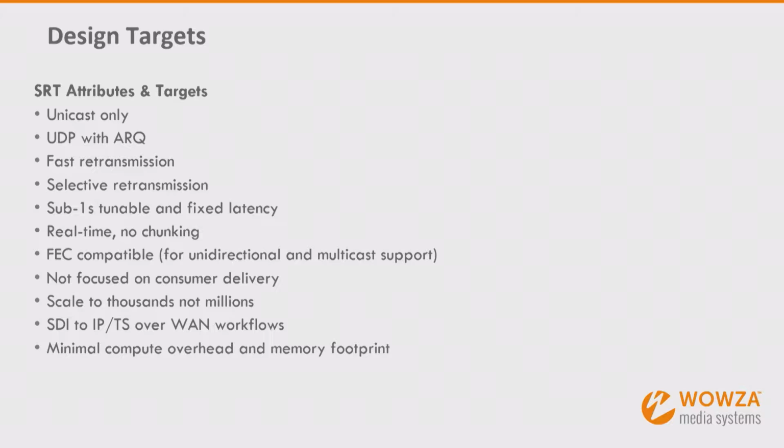Now, I'll talk about this a little bit later. It's potential to send whatever you want down the pipe, so keep that in mind. While not currently, FEC compatibility was a design goal, and this was mostly focused to be a point-to-point and a contribution format. It's not contemplated, even though it's probably possible, particularly with some of the advances in transports, but it's not meant to be from edge to consumer.